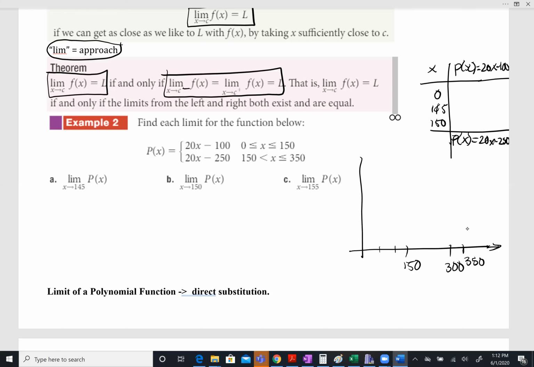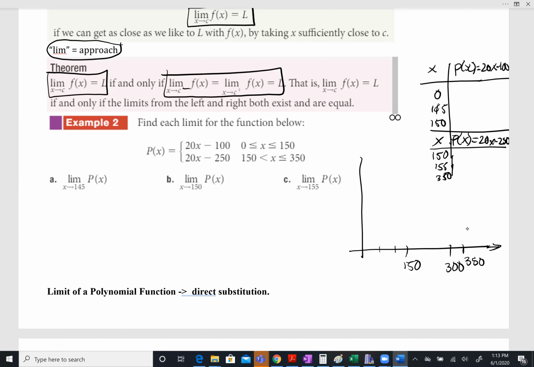Okay, so this will give me 145, 155. What else? Oh, I actually can start from 150 and let's see what happens. Even though it's not on here, it's going to be an open circle on this graph, right? So 155, and the last one will be 350.